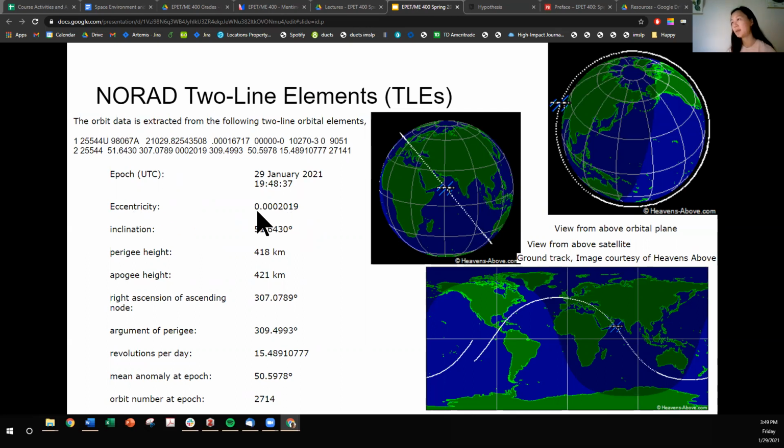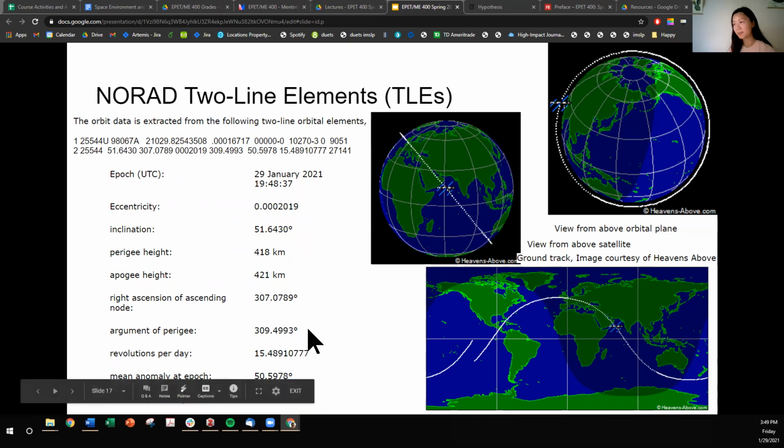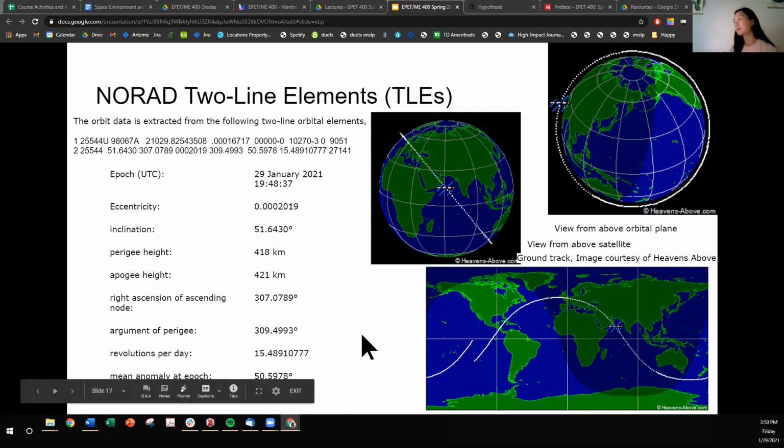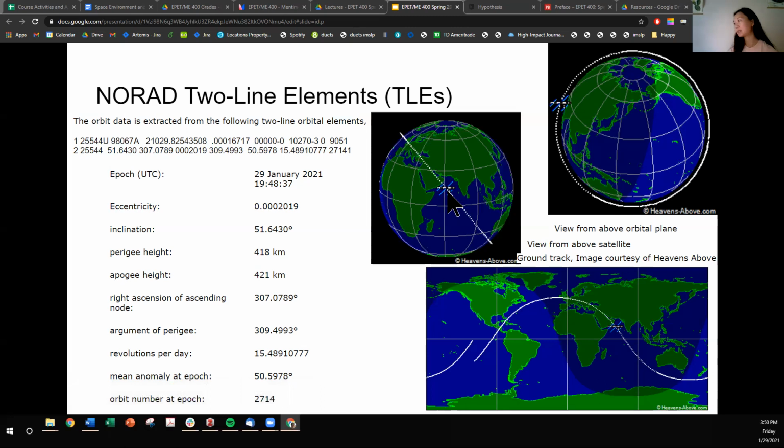For this orbit, it looks very circular. Inclination, perigee, apogee, and all the other classical orbital elements that we talked about. And I want you to just pause for a moment and guess which orbit this is, what spacecraft body. Maybe there are some clues from these diagrams, but this is the ISS orbit.